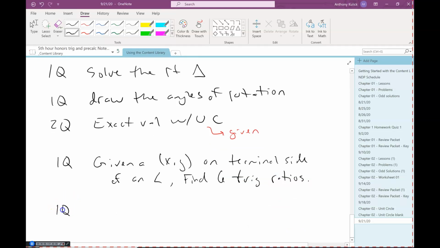And lastly, we'll have one question where we're given a trig ratio and some other info, and ask you to find another.